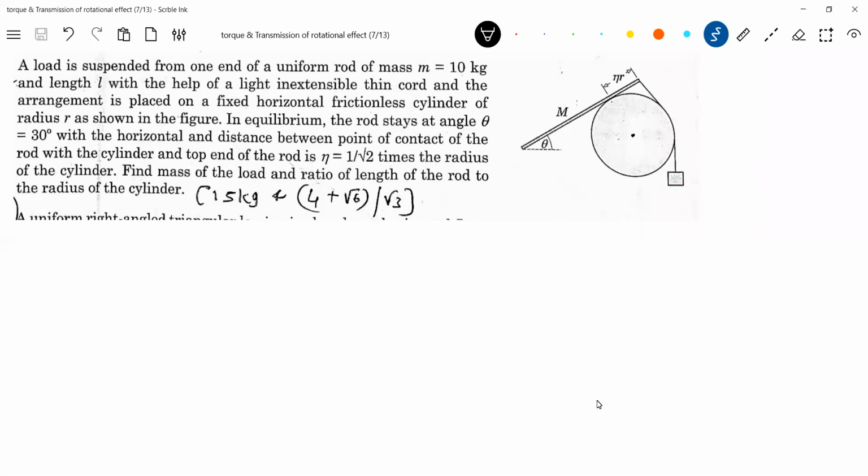Then the weight of the rod. The rod and the cylinder are in contact, so there is a normal contact force. And the cylinder is fixed, so there will be some reaction at the point where the cylinder is fixed. So these are the forces that will result there.